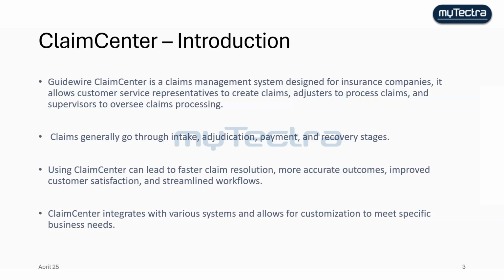Then, using claim center can lead to faster claim resolution, more accurate outcomes, improved customer satisfaction. Obviously, correct. Claim center is totally dedicated to claim processing, and they have a lot of industry experience and have designed the rules so that claim processing is fast. For example, we have automatic assignment of claims, and automatic assignment of exposure is also there.